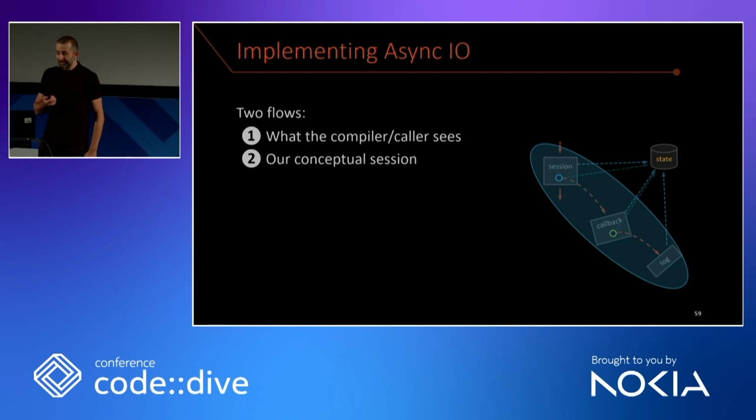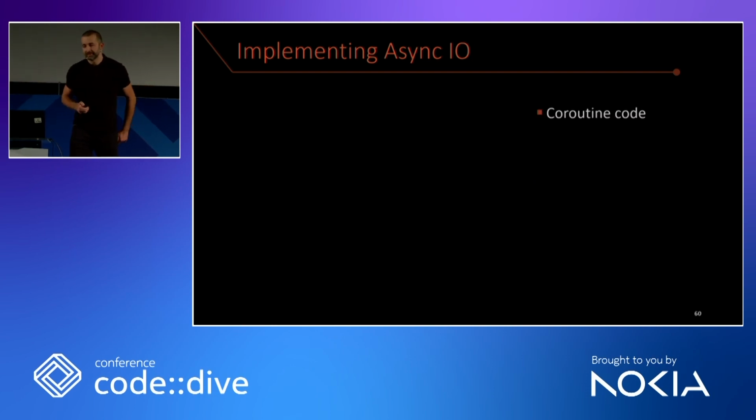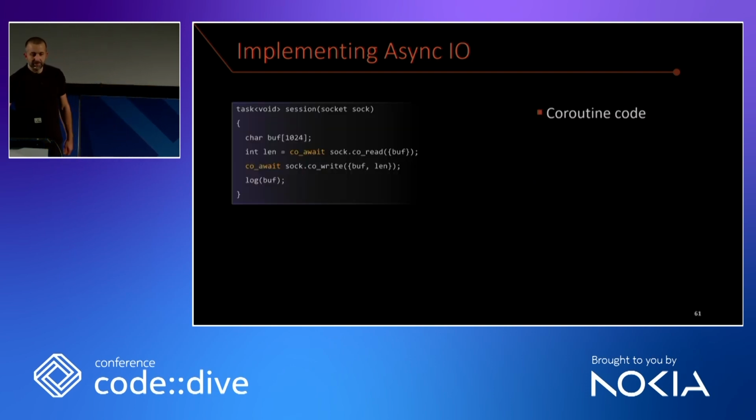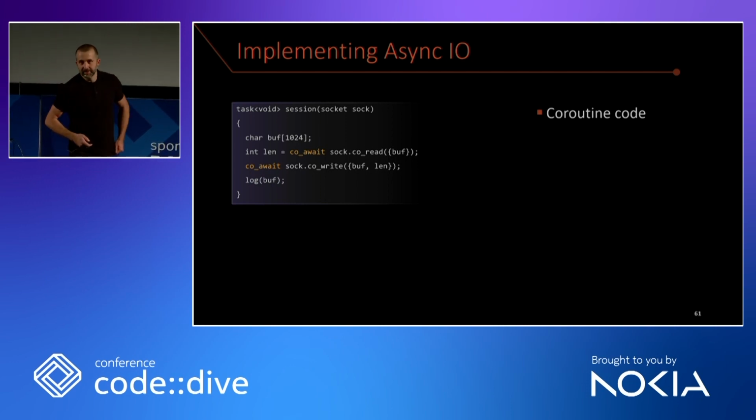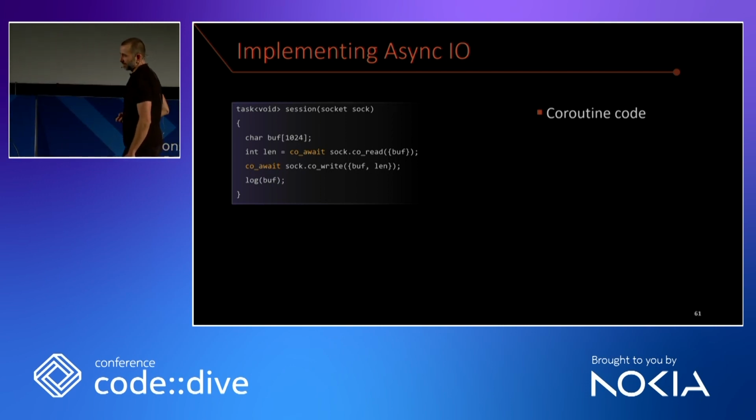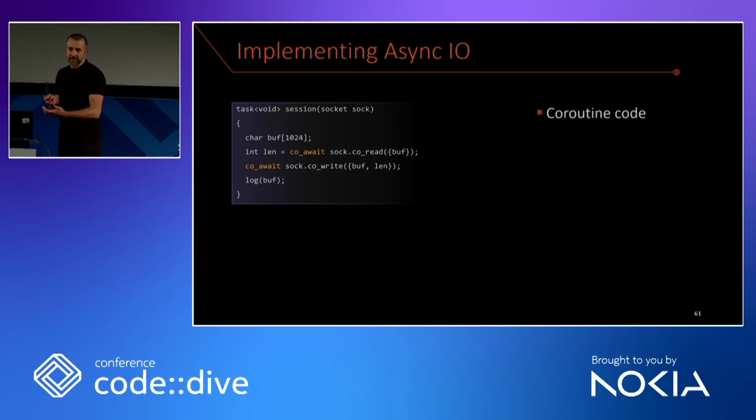And this is where the coroutines come into play, because they favor this story of a session rather than the sequential story. A coroutine implementation of the same echoing session would look like this, which is quite similar to the sequential code.